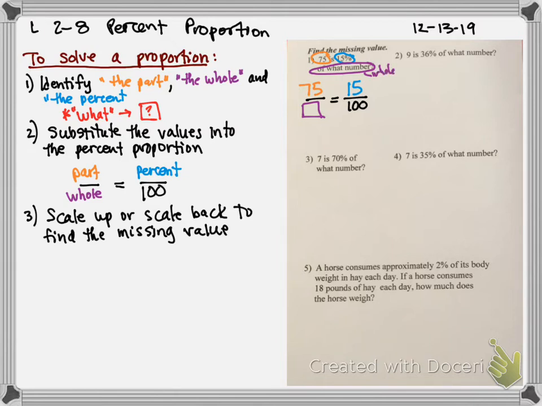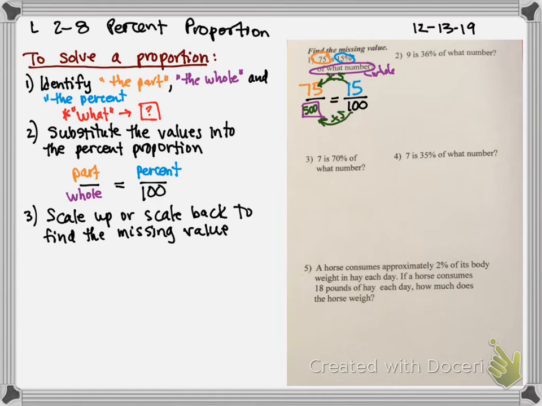So I'm going to have to go in a weird direction on this one, because I want to go towards the box. So I'm going to see what can I do to 15 to make it 75. Oh, yeah. I multiply by 5. So I'm going to multiply 100 by 5, and that's going to give me my mystery number of 500.